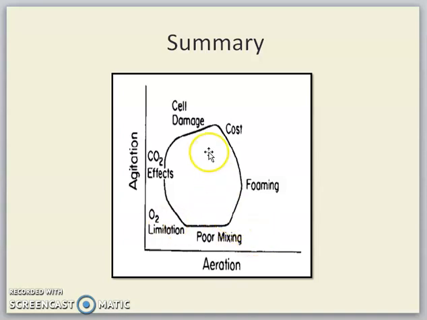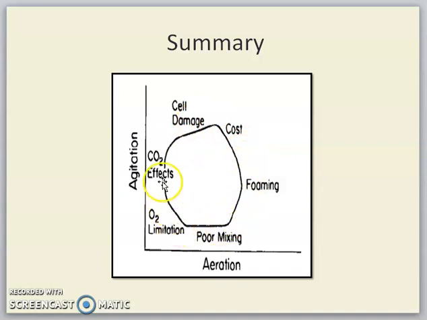Therefore, we need to consider all these things: the cell damage, the cost, the foaming, and the type of mixing itself, because we need a very good, very uniform mixing, and in terms of the oxygen and the carbon dioxide effects. So it will return to all these factors, which we need to consider.